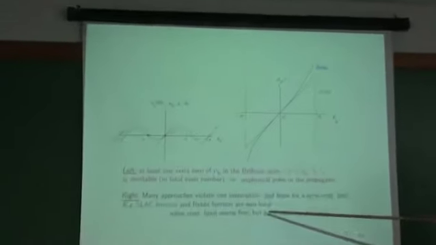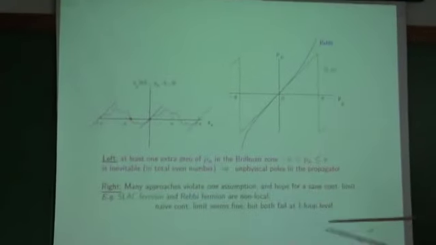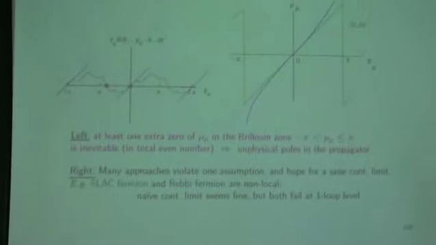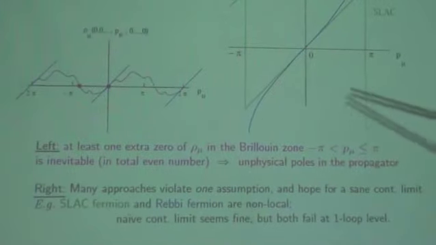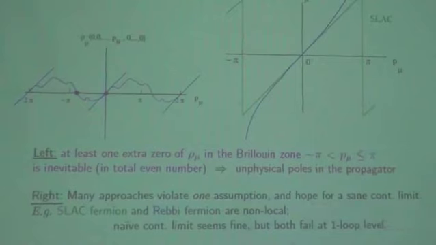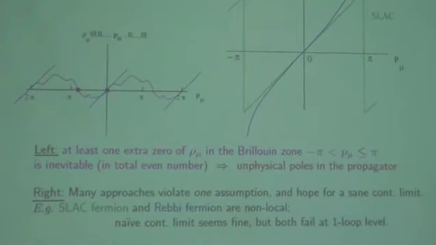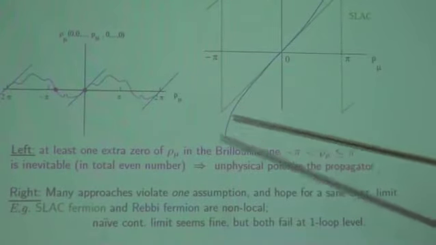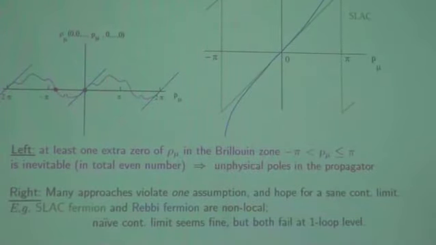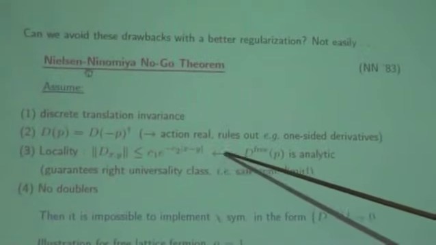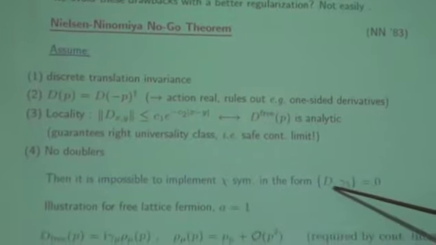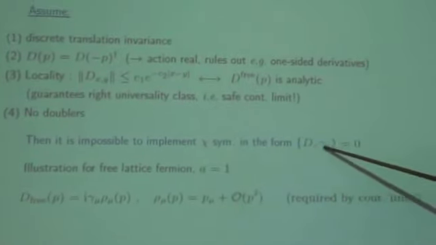Then it turned out that if you do this in perturbation theory, for instance, you see that on the one-loop level, it does not reproduce the right anomalies and so on. So that's why these non-local formulations are not only impractical but also conceptually wrong. So again with this picture, there is no way to avoid this. If we require locality, there is no way to implement the anticommutativity of D and gamma 5.